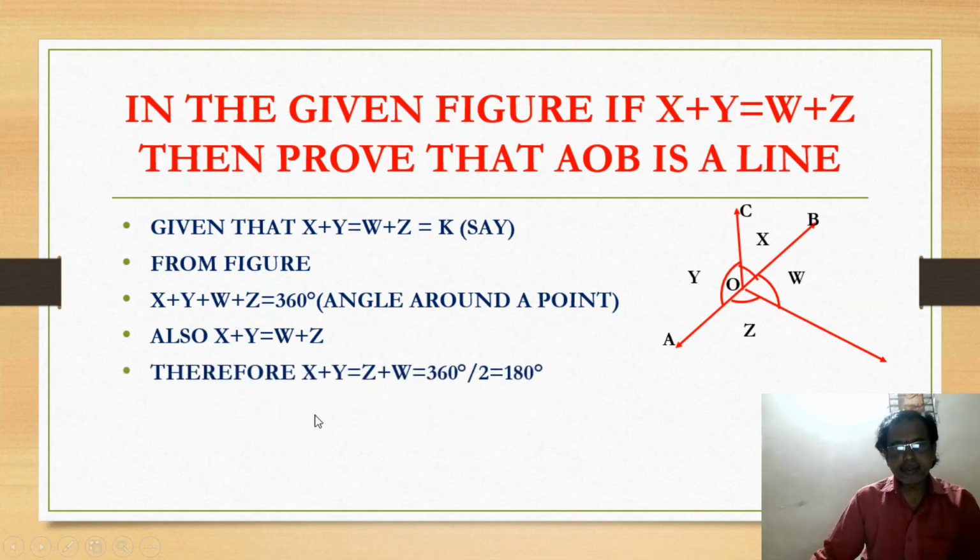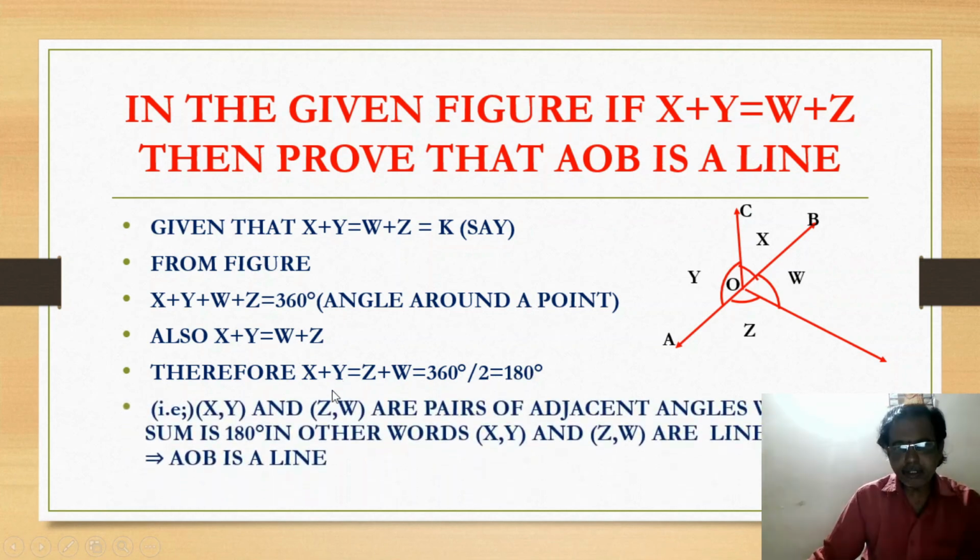Now substitute x plus y is equal to w plus z, and we get 2 times of x plus y or 2 times of w plus z. So then x plus y or w plus z is equal to simply 360 by 2, which gives 180. That is, x plus y is equal to 180 and w plus z is equal to 180.